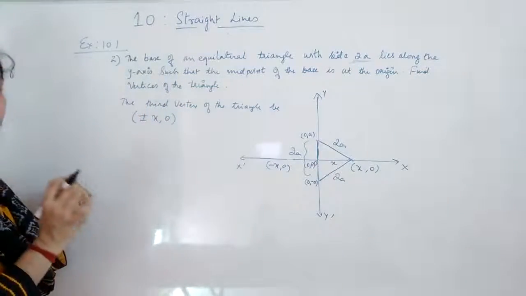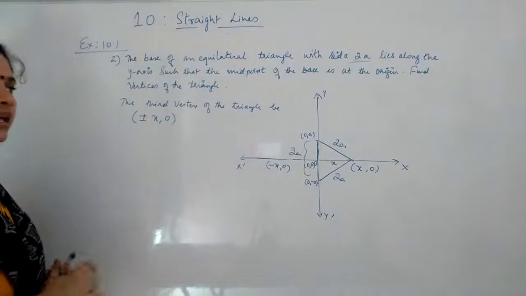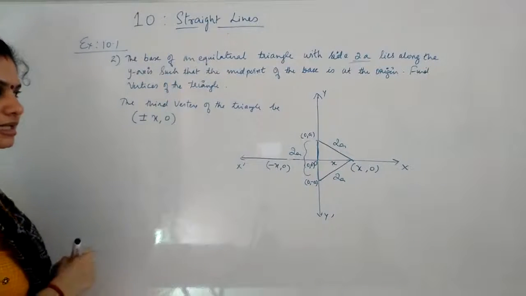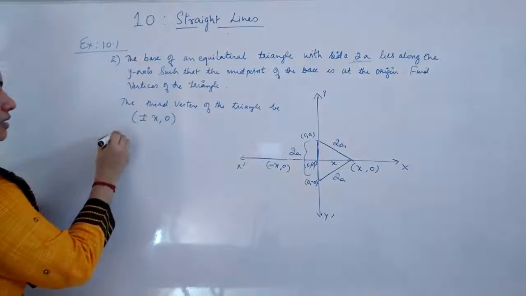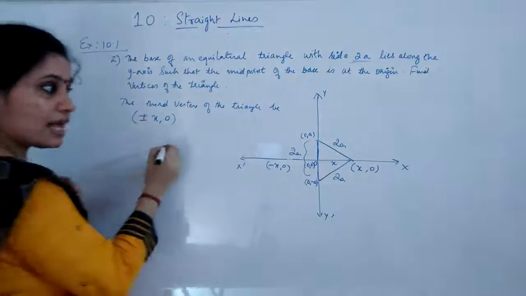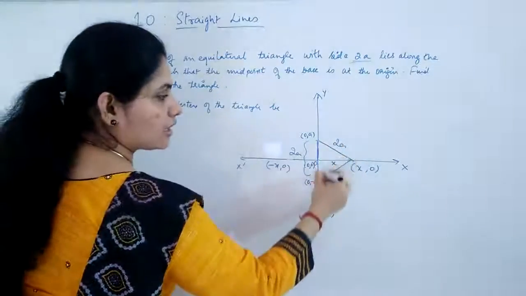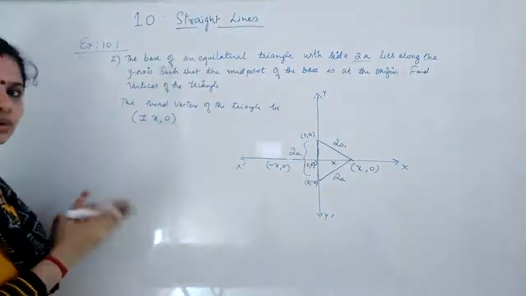You can use two concepts: the area of any triangle is half BH, as well as the area of an equilateral triangle, and both should be the same.